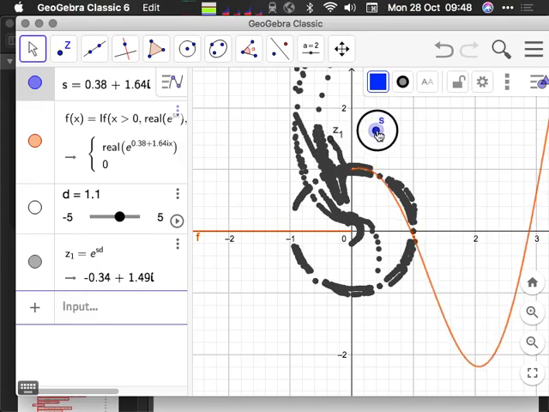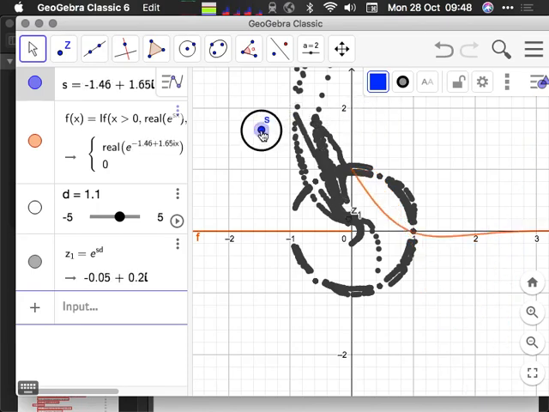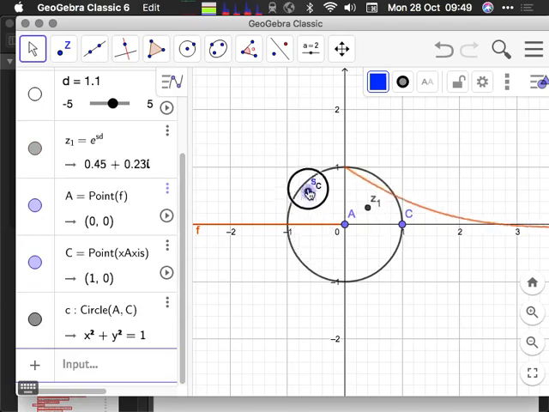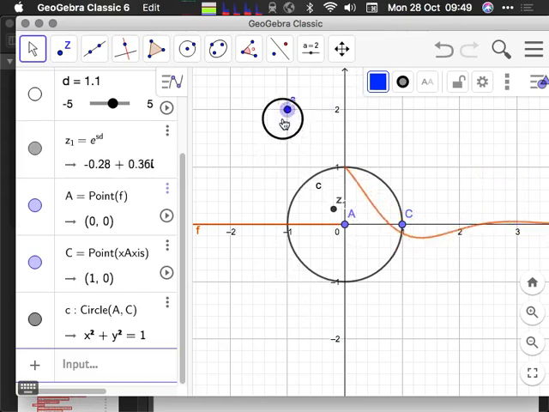When s is to the right of the plane, Z is outside the unit circle. When s is to the left of the plane, Z is on the inside of the unit circle. Every time, it doesn't matter where I am, if I'm on the left-hand side of the plane, I'm on the inside of that circle.